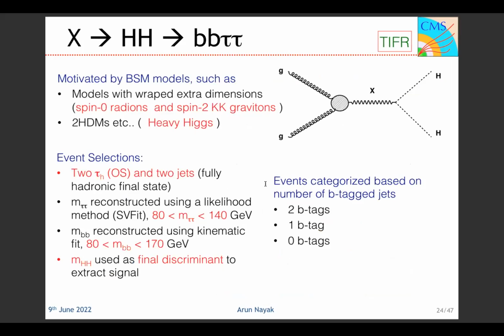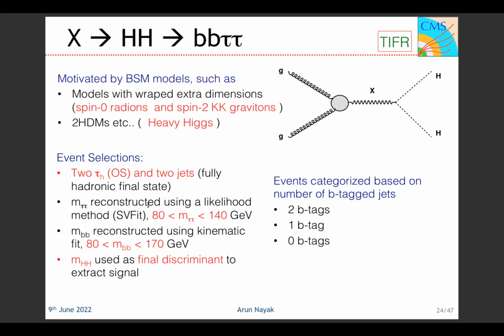A similar analysis is also performed in the bb tau tau final state. In this case, you don't have as much resolution as gamma gamma, but the branching fraction is much more enhanced because of the taus as well. So this is the same motivation for searching for this particle. You again take the 2 tau leptons and 2 jets and reconstruct.